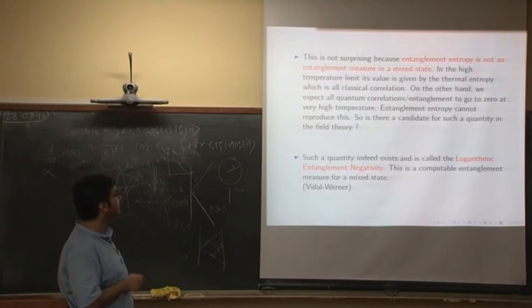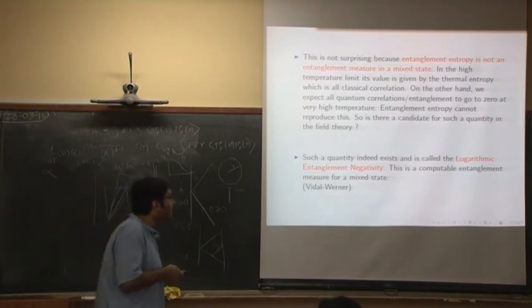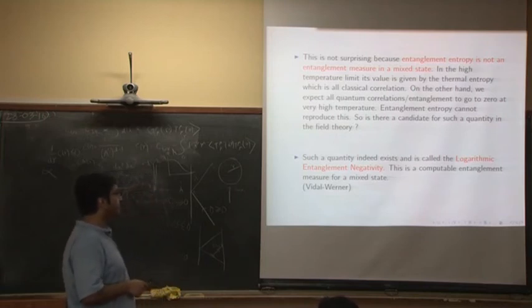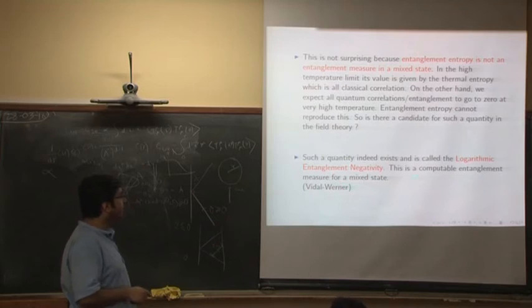So if you have an entanglement measure for a mixed state, then that can actually play a similar role. There is something called the logarithmic entanglement negativity, introduced by Vidal and Werner, and this is actually a computable entanglement measure for a mixed state.